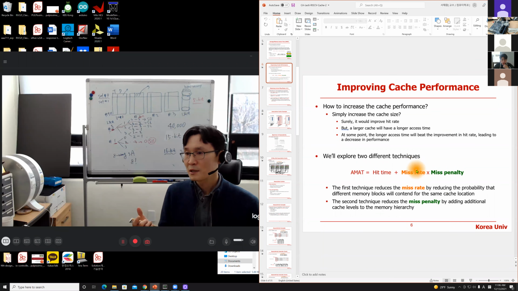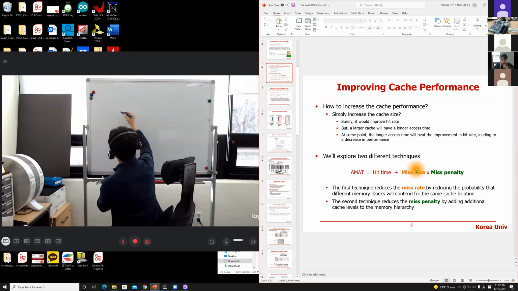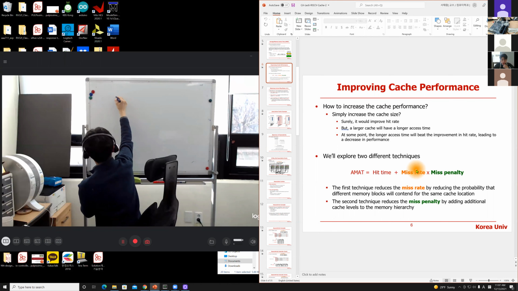Depending on cache configurations. So direct map cache, you can see this, right? Direct map cache, then set associative and fully associative. The first one you can measure is miss rate.